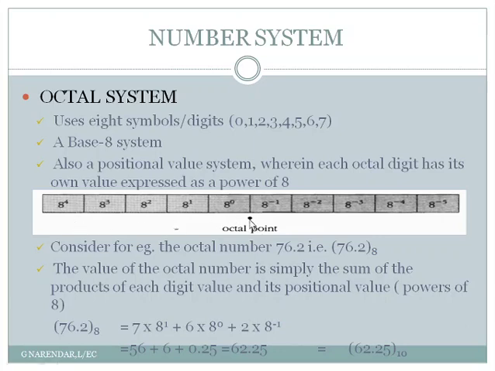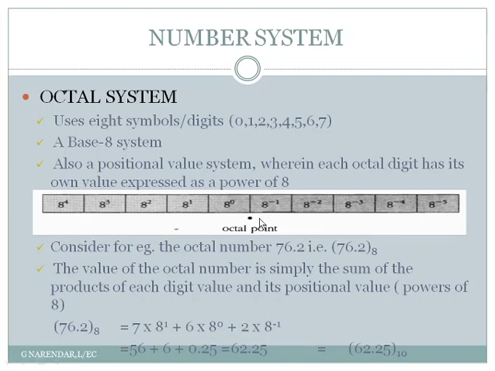Towards the left side of the octal point, the position values will be 8 power 0, 8 power 1, 8 power 2, 8 power 3, 8 power 4, and so on, as you move towards the left away from the octal point.